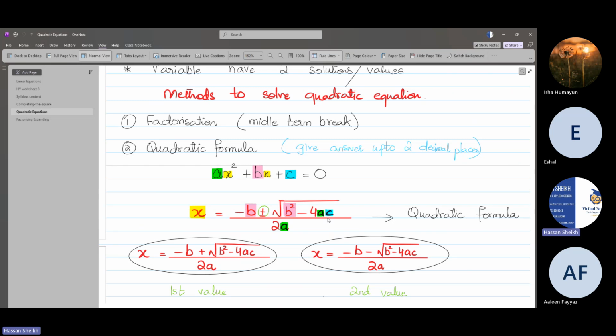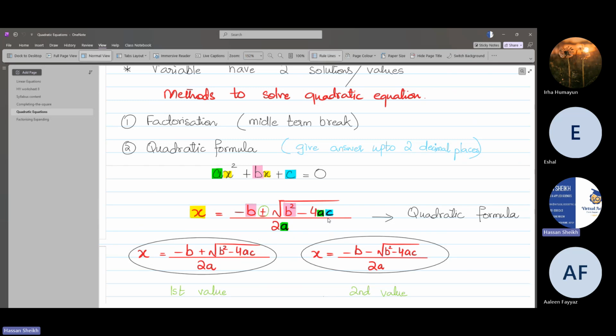So students, always remember when the question has this at the end, when they mention that you need to give the answer correct to two decimal places, it means that you must use the quadratic formula.